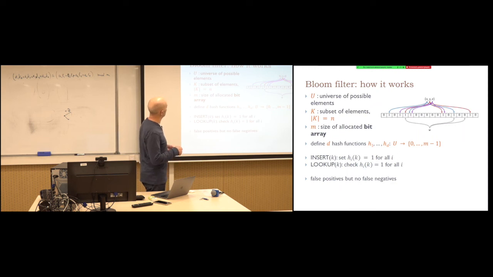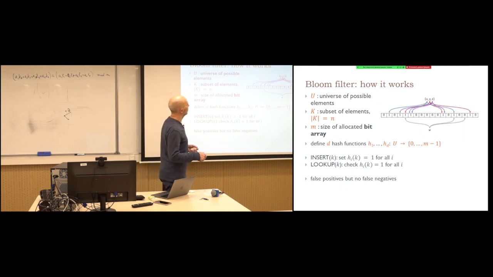So this is a formal definition. We allocate a bitmap of say m bits. We have d hash functions, d to be defined later.